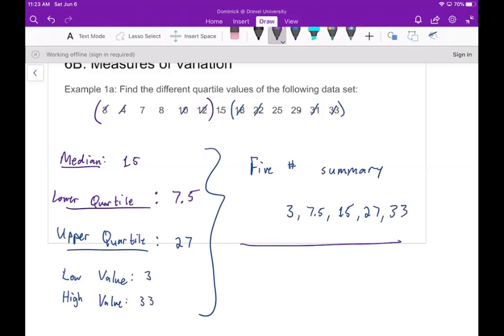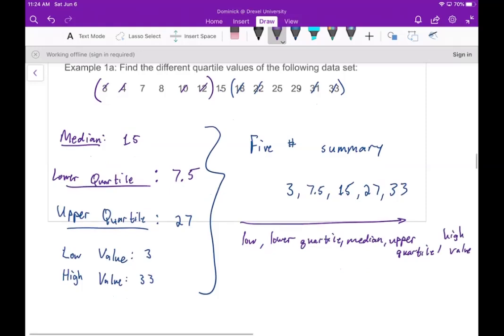Right, where as we go left to right, we have low value, lower quartile, median, upper quartile, and high value. So that's our 5-number summary for this data set.